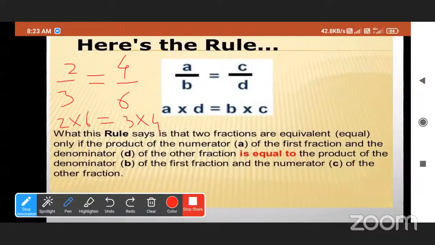Now 2 multiplied by 6 is equal to 12. 3 multiplied by 4 is equal to 12. So is it equivalent or not equivalent? Equivalent. Okay, good. So this is the rule to check whether fractions are equivalent or not. Very good.